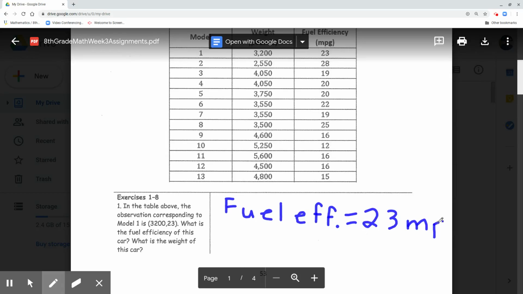Now, our weight for the car was 3,200 pounds.